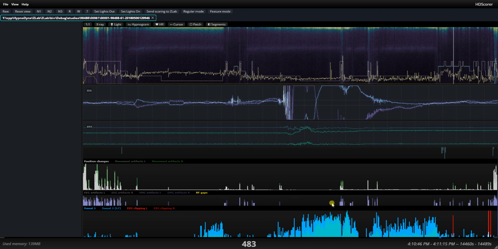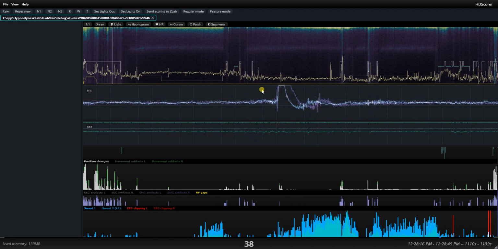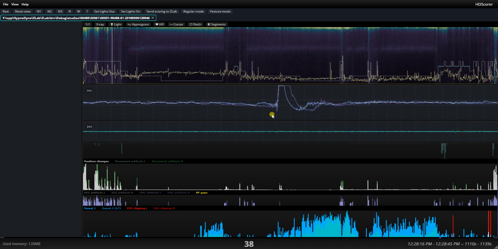So the artifacts that we see include both EMG and EEG artifacts. The EMG artifacts are periods in which you have a lot of high frequency activity, and EMG artifacts might be something like this, where the signal is actually clipping or going up too fast in a way that's not consistent with any underlying physiological activity, so it must be some kind of perturbance.